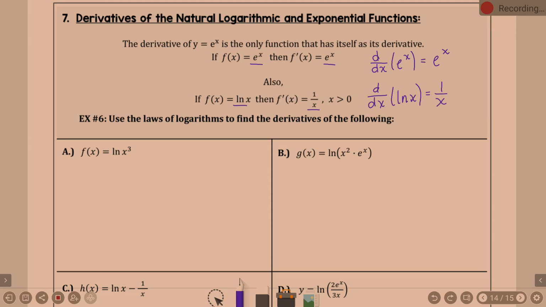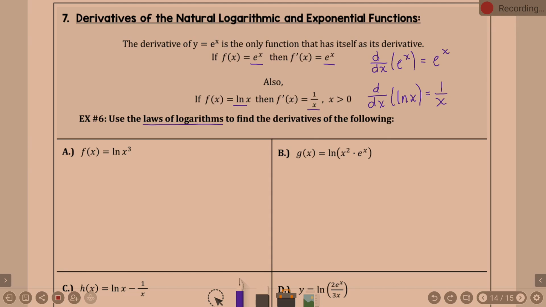Officially it says as long as x is greater than 0, and that's just because you can't do the natural log of a negative value. Now, we're going to use those two derivatives, but here's the catch, folks. Use the laws of logarithms to find these derivatives. So, for instance, in A, we just learned the derivative rule for natural log of x.